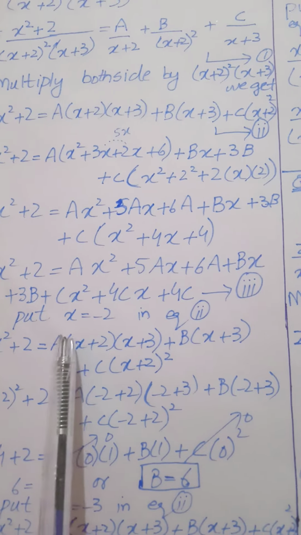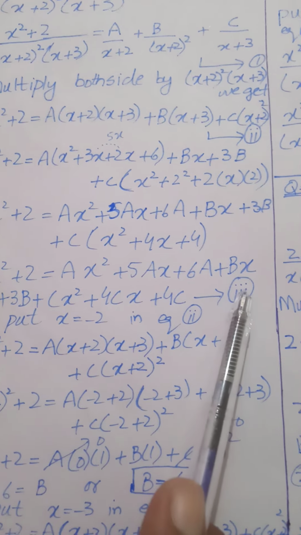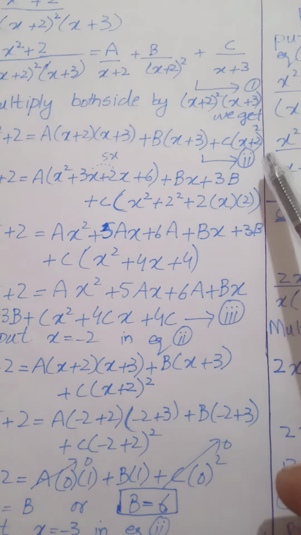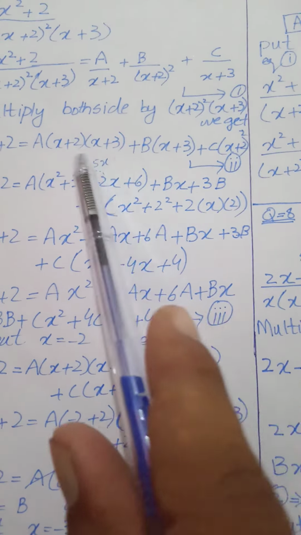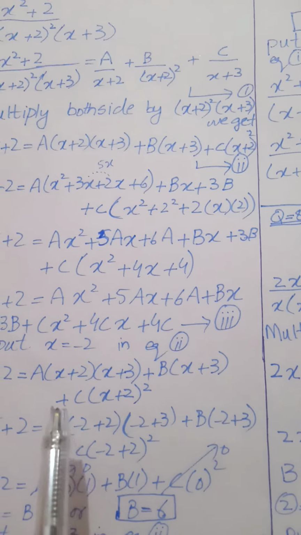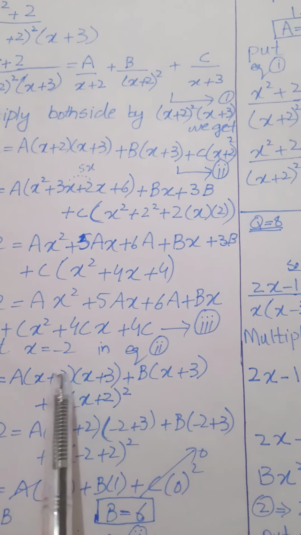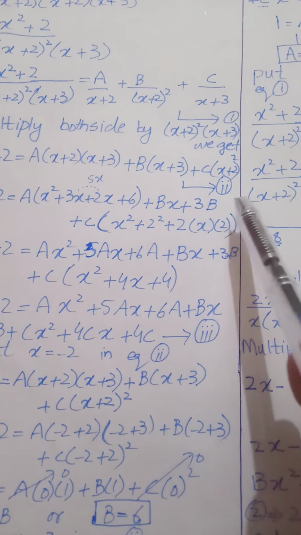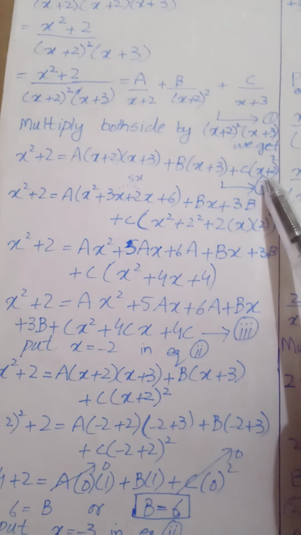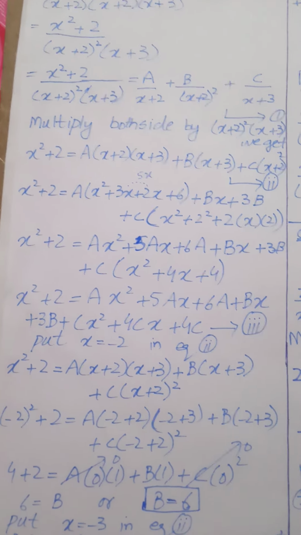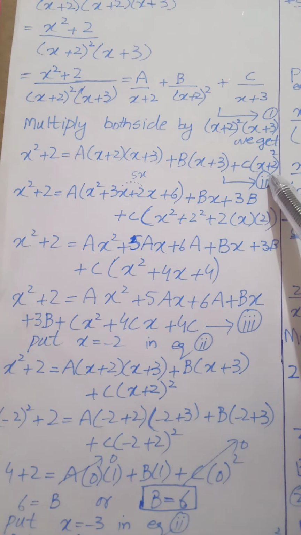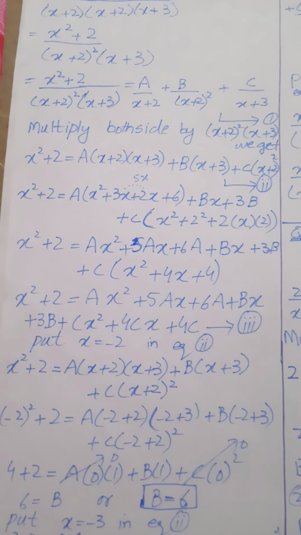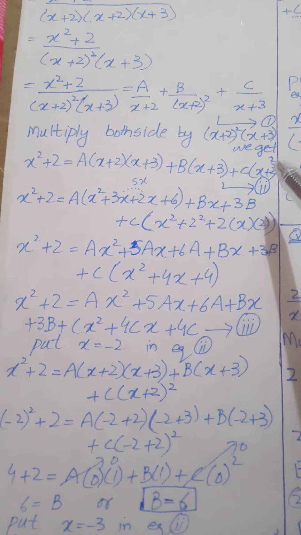So let's see. This is equation three, but we put x is equal to minus 2 in equation number 2. Now you can see that this is equation number 2. Put x is equal to minus 2 in equation 2. Why can we put x is equal to minus 2 in this equation? Because here we will easily find the values of a, b or c.